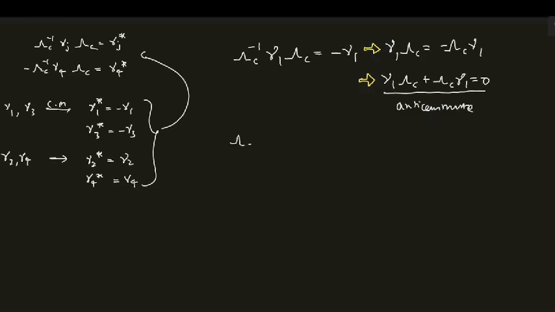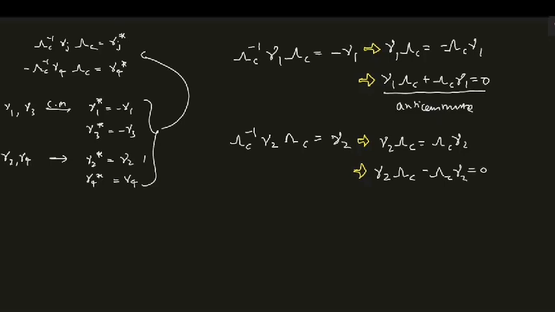Okay, so now let's see for gamma 2, what do we have? We have lambda c inverse gamma 2 lambda c is equal to, lambda 2 is real, lambda 2 is real. Okay, so lambda 2 is real, so what will you get for this? In its place you will get not lambda 2 but gamma 2, and since gamma 2 is real, what will you get here? gamma 2. Okay, you can see this from here. Similarly, if we multiply both sides by lambda c, what will you get? You will get gamma 2 lambda c equals to lambda c gamma 2. Okay, so you can also write this as gamma 2 lambda c minus lambda c gamma 2.